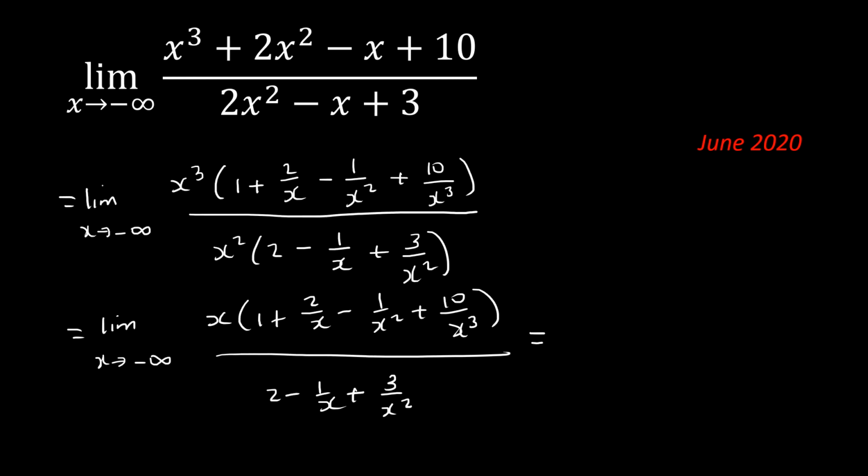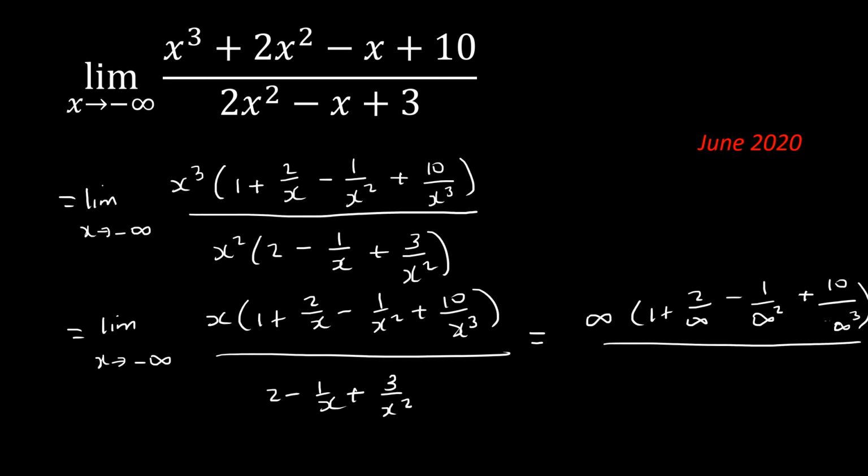Then now if I substitute, do you see I have infinity here, which is my x. Then I have 1 plus 2 over infinity minus 1 over infinity squared plus 10 over infinity cubed. You don't have to put the exponents, they mean the same thing. Then at the bottom I have 1 over infinity plus 3 over infinity squared.